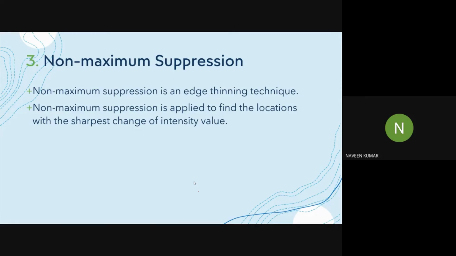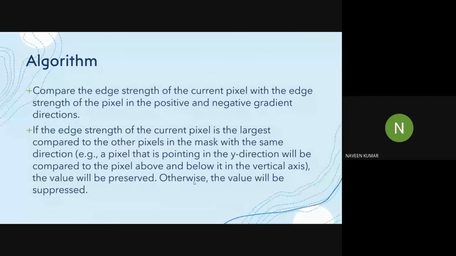So we apply non-maximum suppression for thinning these edges, and it is applied to find the location with the sharpest change in intensity. It is done by comparing the edge strength of the current pixel with the strength of pixels in the positive and negative direction of the gradient. If the strength of the current pixel is largest compared to the other pixels in the mask with the same direction, we will preserve that edge, otherwise we will suppress it to 0.